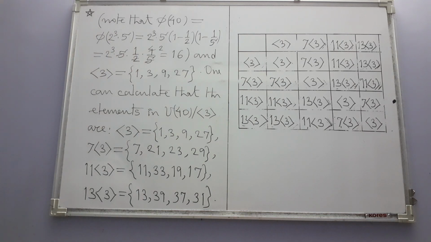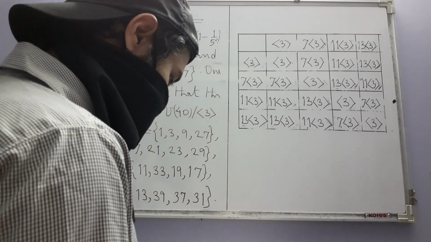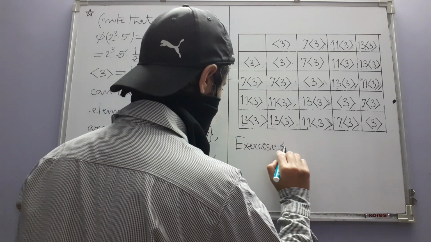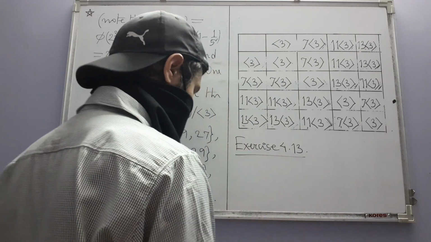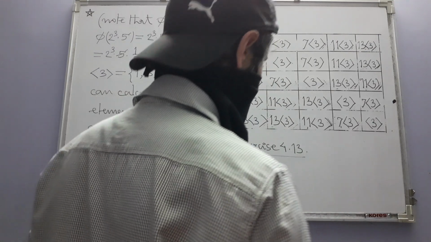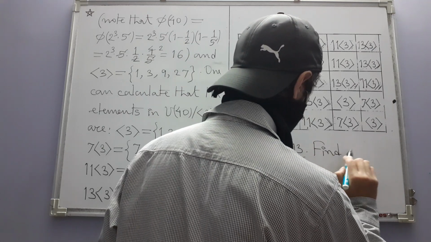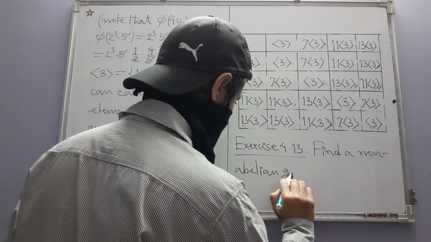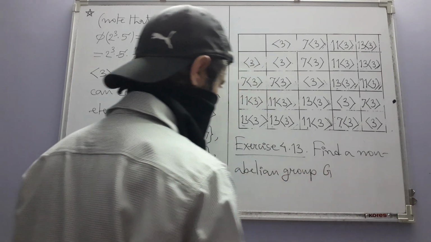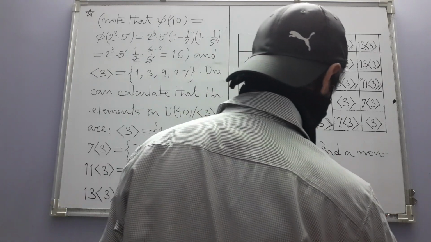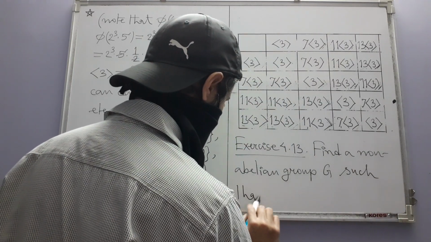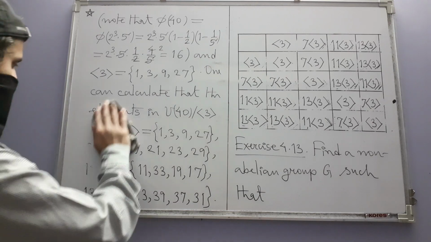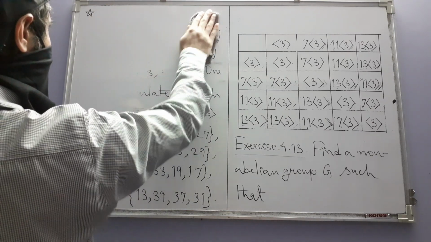Okay, now let's see the next one. Find a non-abelian group G such that there are two parts which have two requirements.